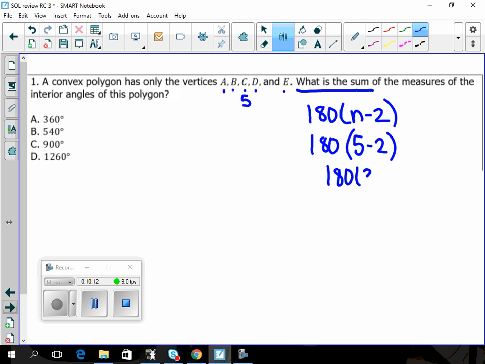So 180 times 3 is in fact 540. So quite a few of you got this one right, but did not show the work. So this is the work that I was looking for problem number 1. Again, if you need to pause the recording, feel free to do so. And we're ready to go ahead and talk about problem number 2.